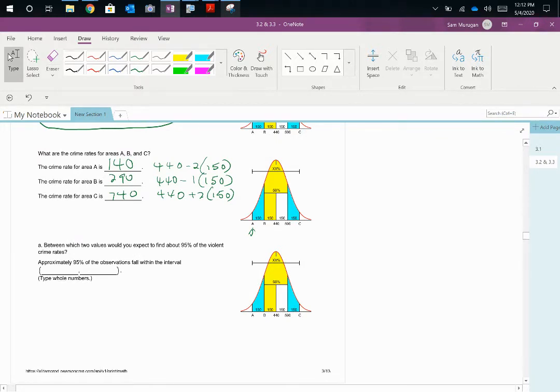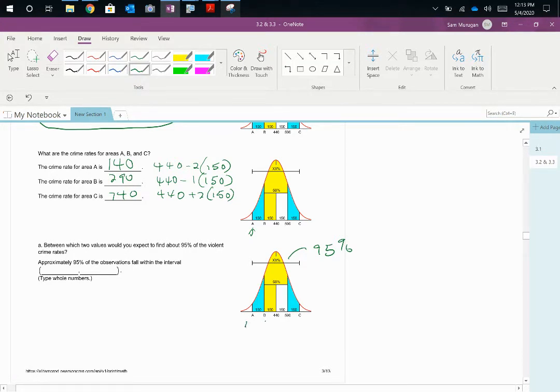So we've found that city B was 290. Remember, this is 95% of the data here. Oh, it's asking about 2 standard deviations.